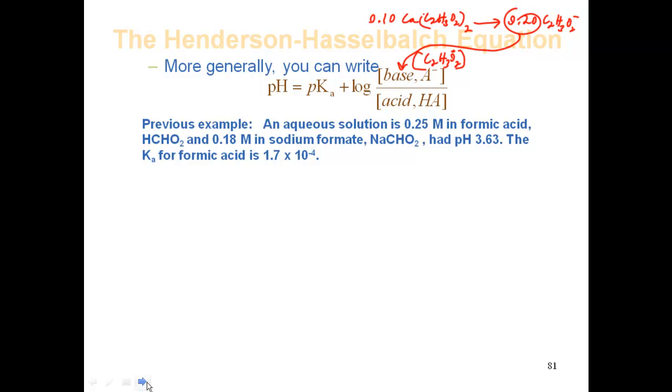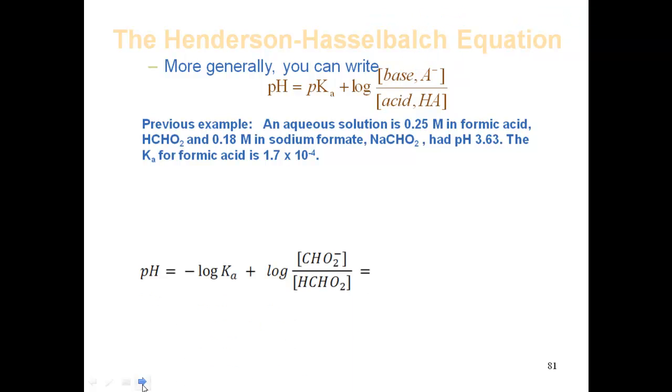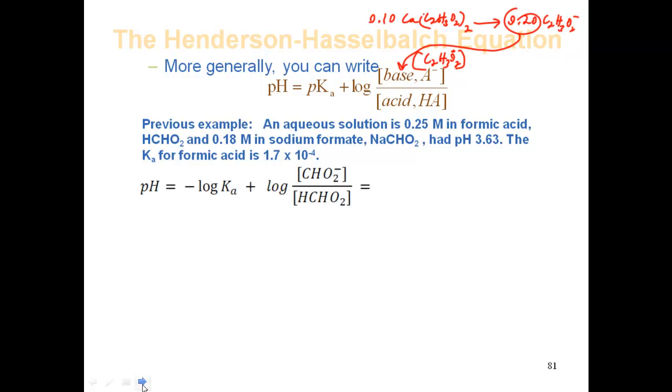We can do the same calculation with this Henderson-Hasselbalch equation. So let's do that. pH is equal to the negative log of Ka. I changed that pKa to the negative log of Ka since we don't have pKa's in our tables for the freshman books. Plus the log of my concentration of formate ion divided by my concentration of formic acid.